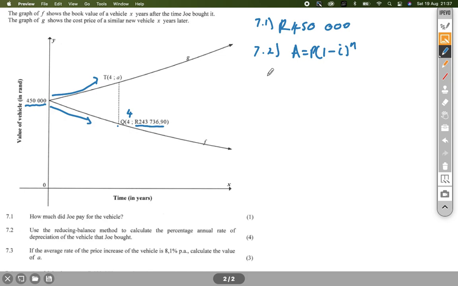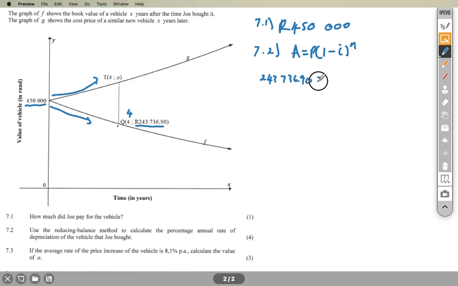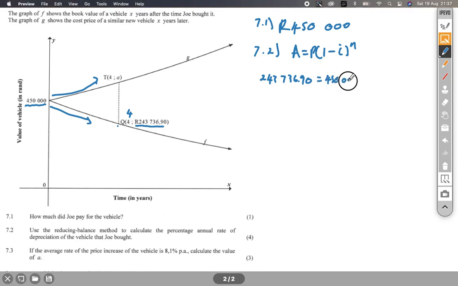So that means we're going to say 243,736.90 equals P, which is 450,000, times 1 minus i, since we are looking for i. And for n, we said after 4 years, so n is 4.